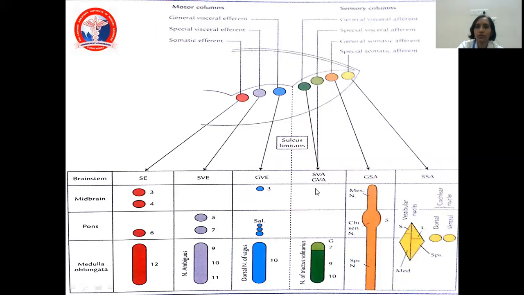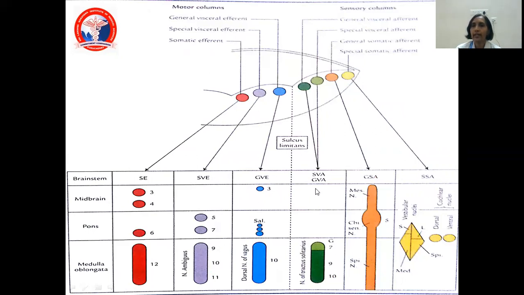The mixed nucleus for special visceral afferent and general visceral afferent is nucleus of tractus solitarius, which gives fibers to the 7th, 9th, and the 10th cranial nerve, which is carrying taste sensation. The 7th cranial nerve carrying taste fibers from the anterior 2/3 of the tongue, 9th from the posterior 1/3 of the tongue, and the 10th cranial nerve carrying taste sensation from the epiglottis, that is the posterior most part.